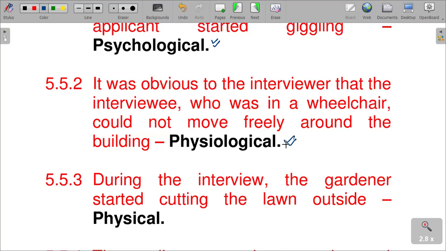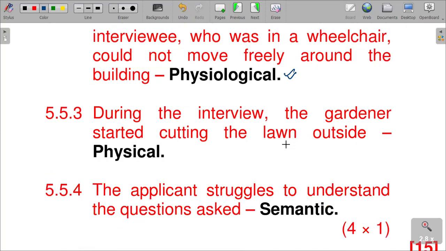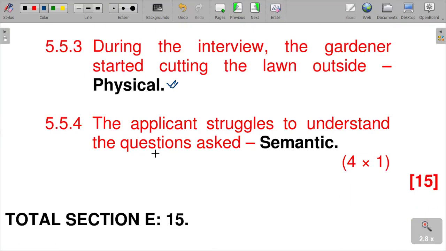And then during the interview, the gardener started cutting the lawn outside. This is a physical barrier. It's either noise which was also disrupting the applicant. So during the interview, the gardener started cutting the lawn outside. It is physical.